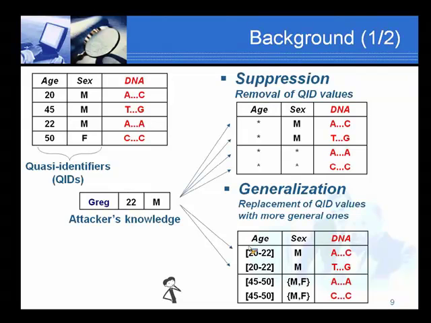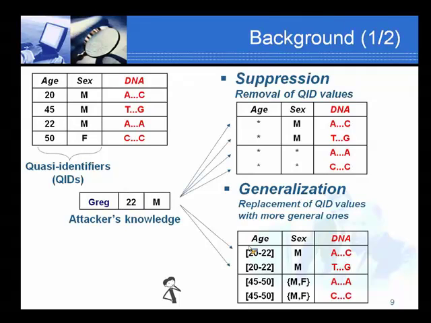An attacker who knows that Greg is a 22-year-old male can use this knowledge to find out Greg's DNA if the data is released intact. This is because there is only one individual in the released data with age 22 and sex male.